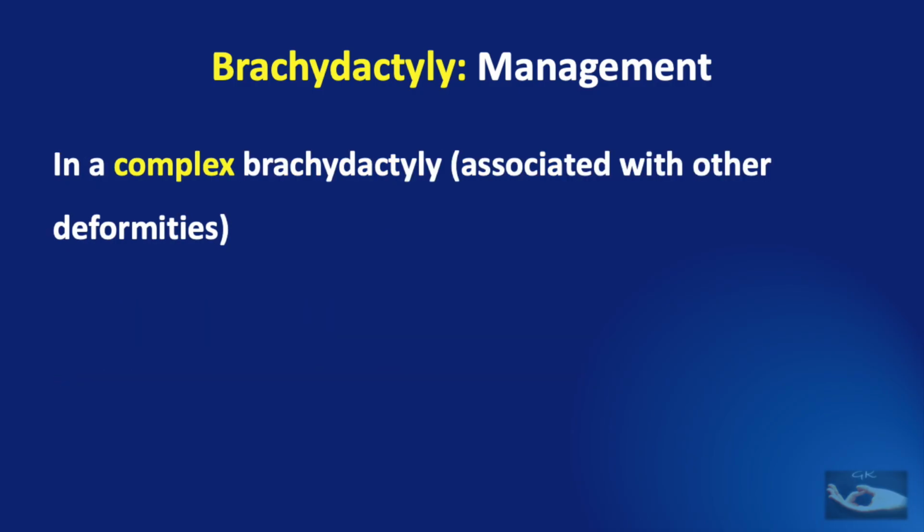In a complex anomaly, brachydactyly may be a relatively minor component in comparison to the associated problem like syndactyly, clinodactyly, or symphalangism. As an isolated deformity, the indications for intervention are either aesthetic or functional.